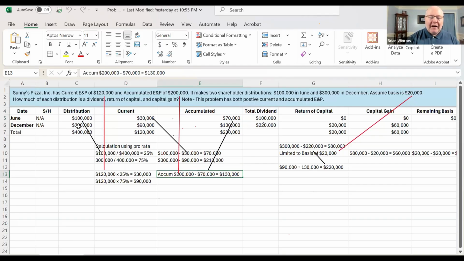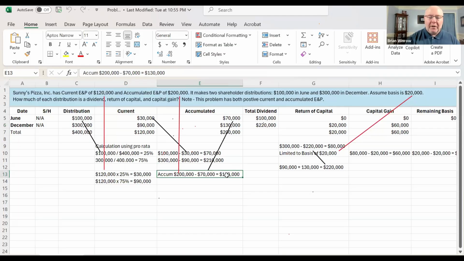Well, we still have a $300,000 distribution, minus the 90,000 that was current for December. That means we still have $210,000 of our distribution that we have not yet accounted for, and we still have $130,000 of possible accumulated E&P.